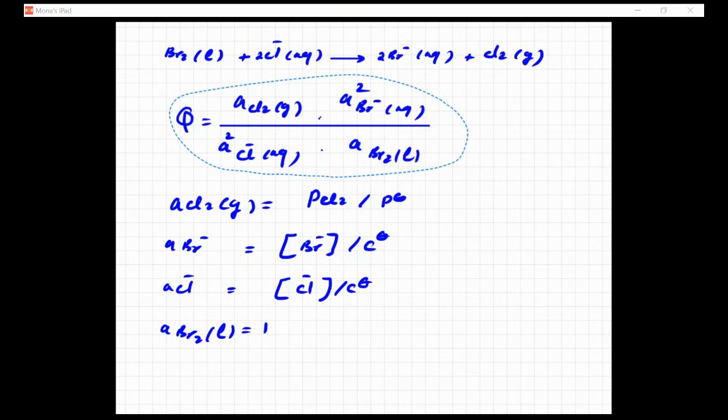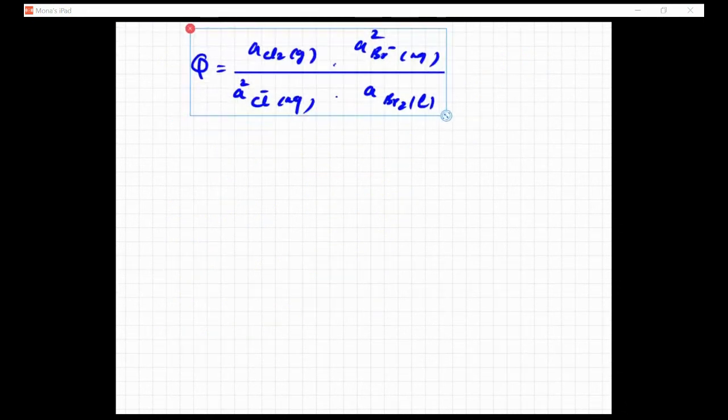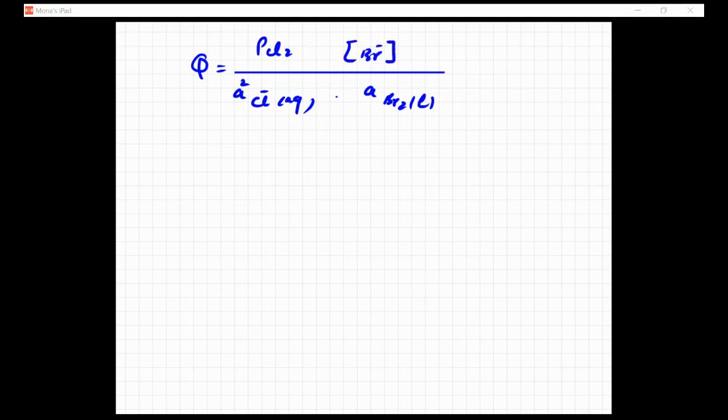This is going to be equal to the pressure of Cl2 divided by the standard pressure, over the concentration of Br minus squared, times the concentration of Cl minus squared, and the Br2 term is going to go away because it is equal to 1. This is our quotient.